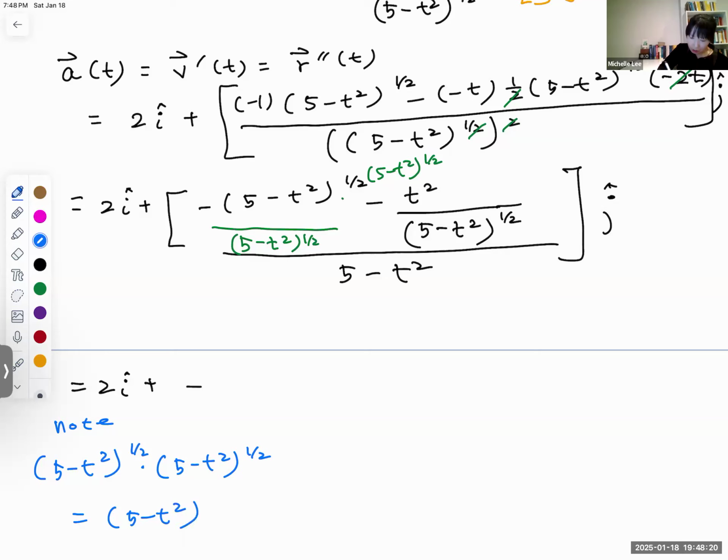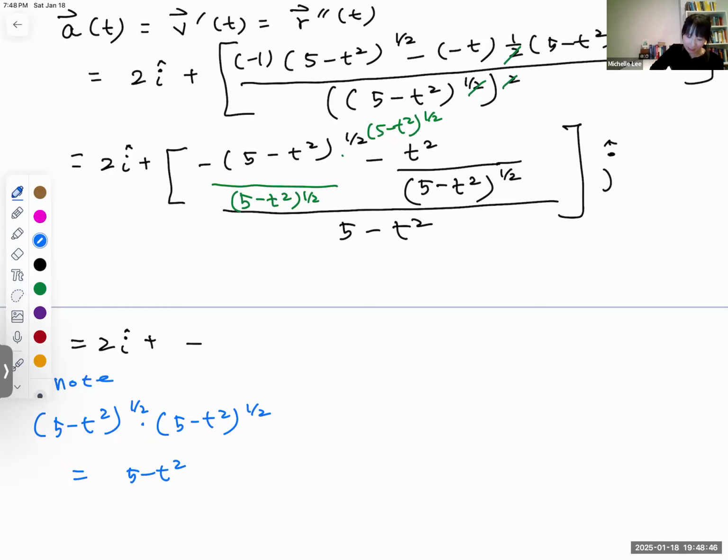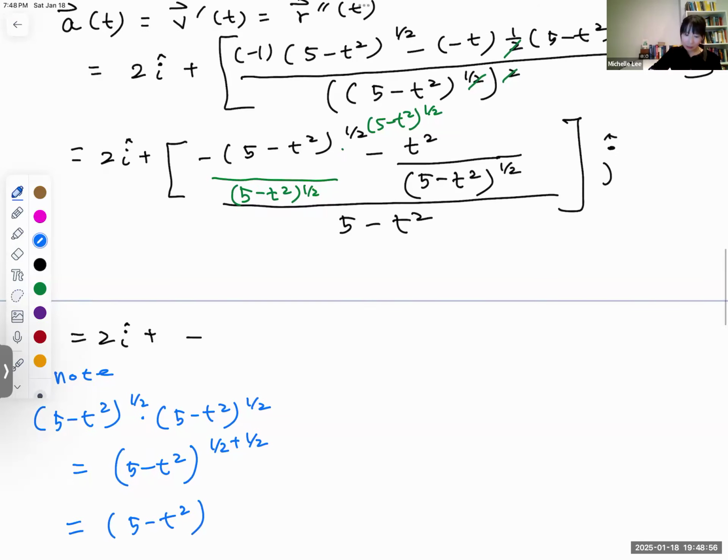Five minus t squared, because 1/2 plus 1/2, that's 2 over 2, right? Can you do that? How about this? Let me write down for you. But then we have a negative, right?